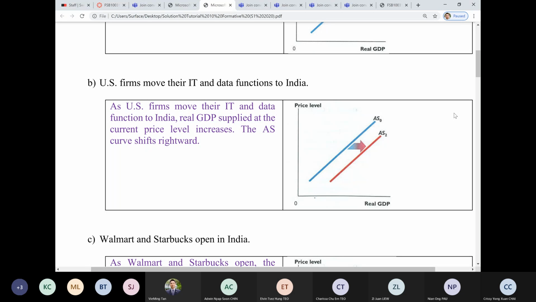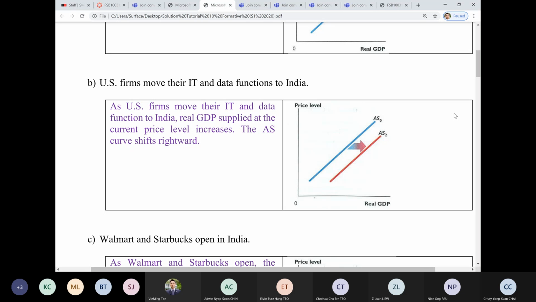Now there are more international firms coming in. So that means there will be more investment. More people come in, more firms operate the business or produce more products in India. And in fact, this is going to increase the GDP of the country. Why will GDP increase? Because there is more supply in the market, aggregate supply increasing. It's not because of the price level, but because more companies are setting up business in India.